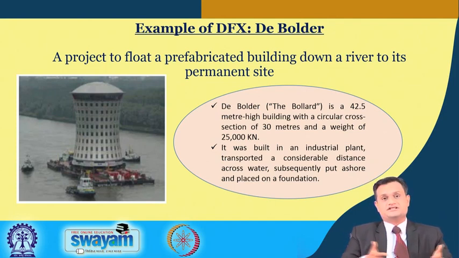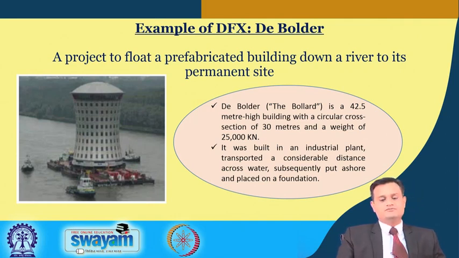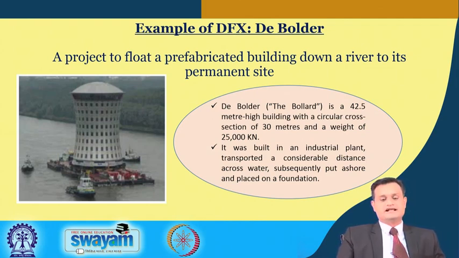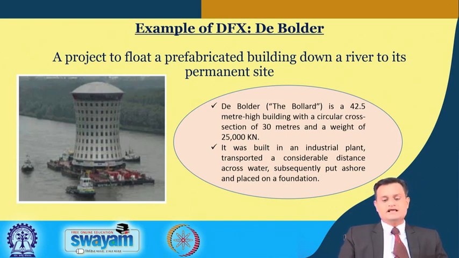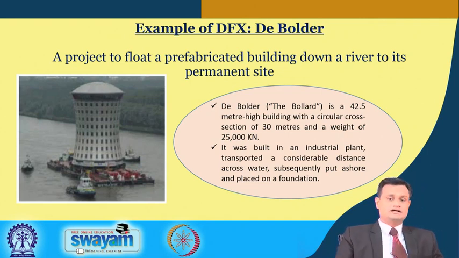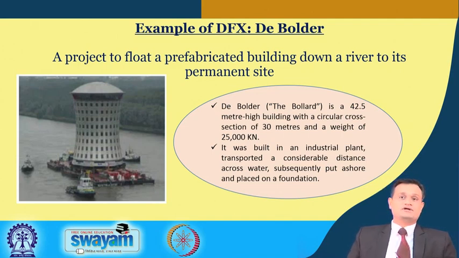You see such a gigantic building down a river to its permanent site. This is a 42.5 meter high building with a circular cross section of 30 meters and a weight of 25,000 kilonewton. It was built in an industrial plant, transported a considerable distance across water and subsequently put ashore and placed on the foundation.